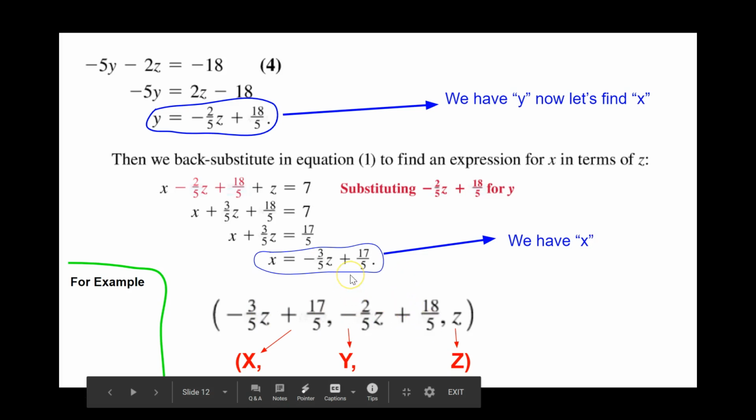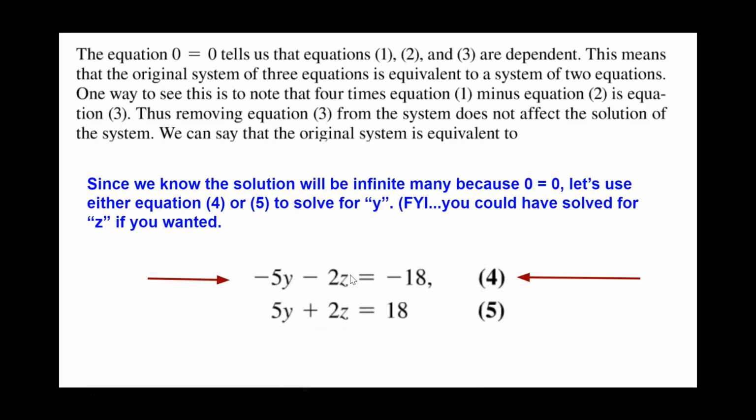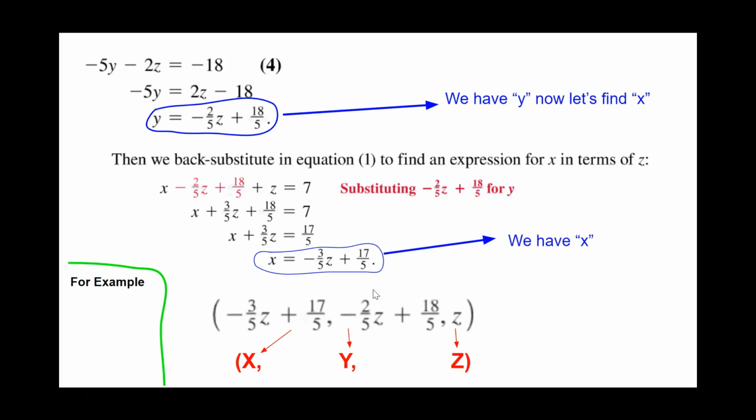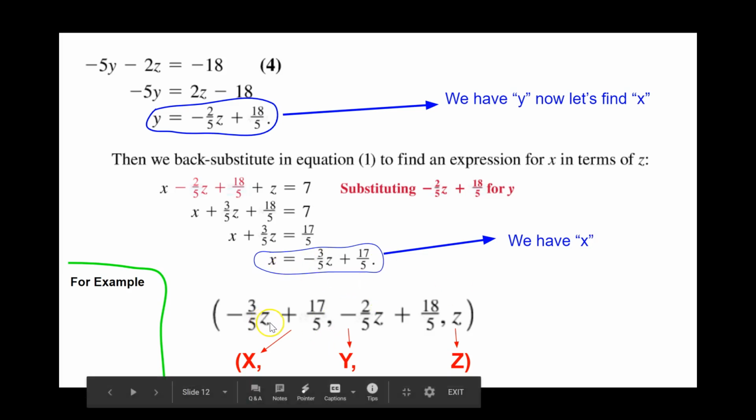So if you had gone back and solved for z, if I move this one over here and solve for z, then y would have been in all the answers for our final answer. So like I said, it does not matter. Once you show your work on any assignments that you need to turn in to me, I will know whether you solve for y or z. It does not matter, but your final answer should look like this.